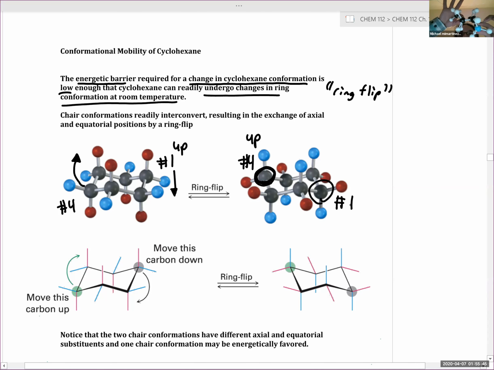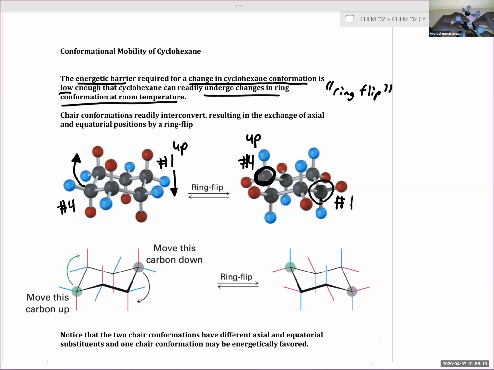Now I just want you to tell me, is carbon number 1, the yellow carbon, in the front or in the back from our camera view? Is it in the front or in the back? Yep, I see a lot of backs.